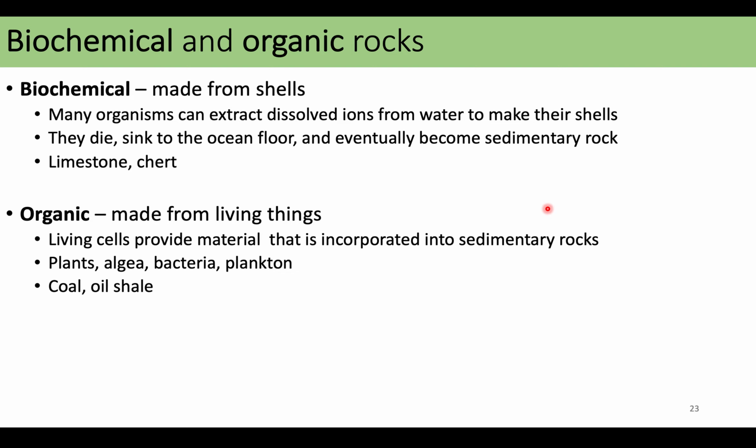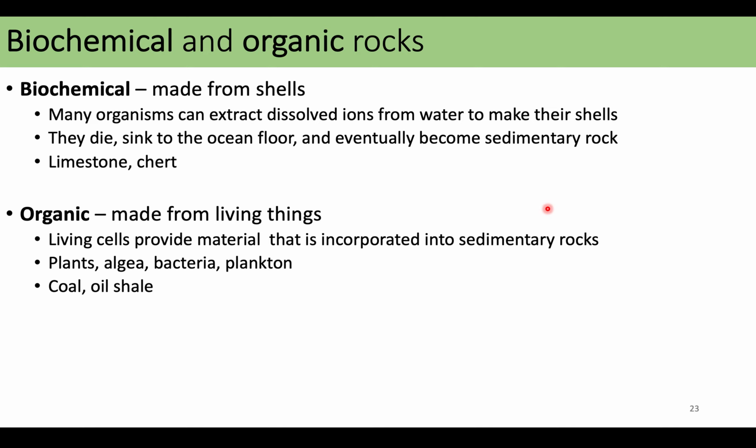There are also organic rocks that are made from other living things. So not just shells, but other living things. This could be coal, for example. Oil shale is another example. This is where there's actual living material that makes up the sedimentary rock. This is usually plants or algae or plankton, some other living things that eventually die and sink to the bottom of that ocean, that lake, that swamp, wherever they are.